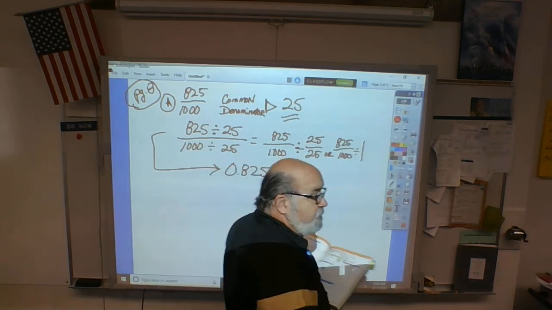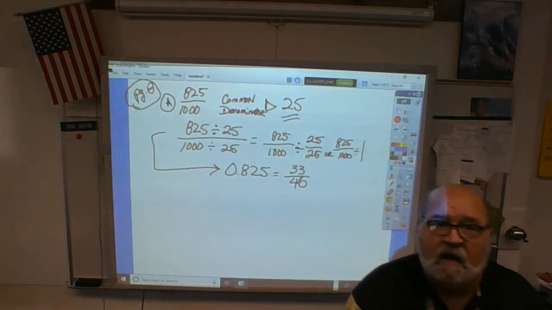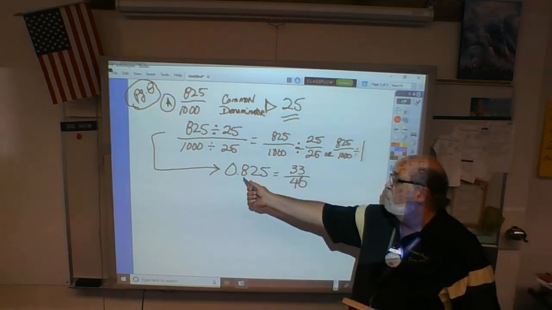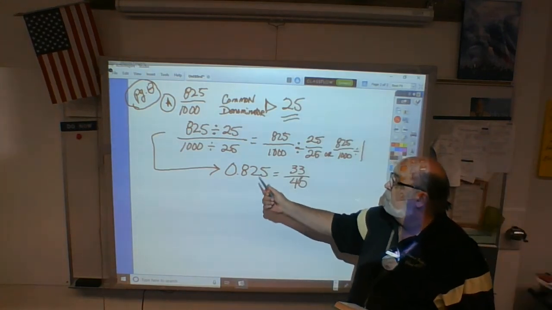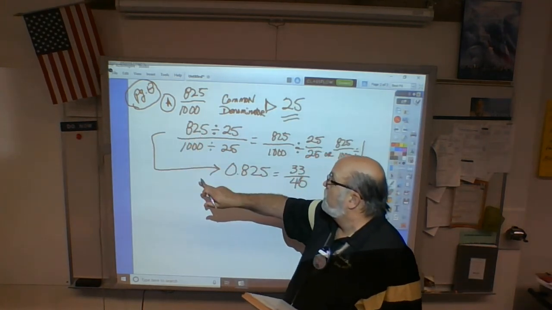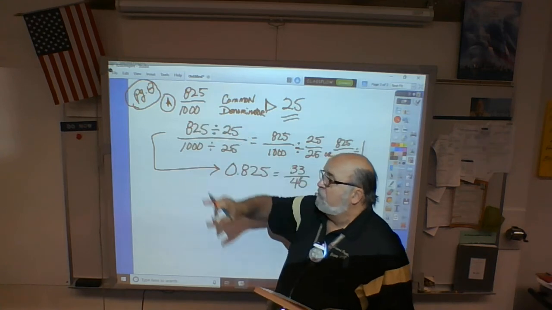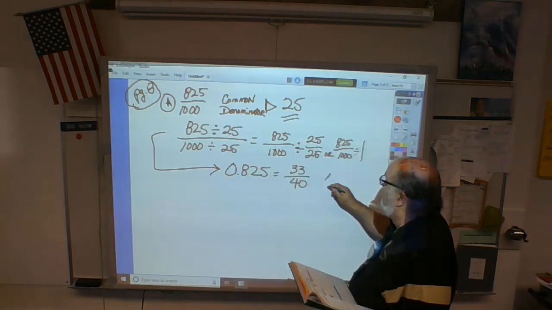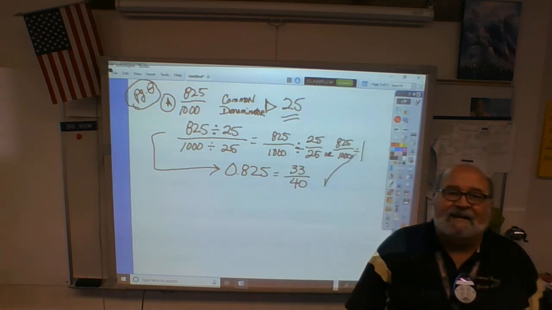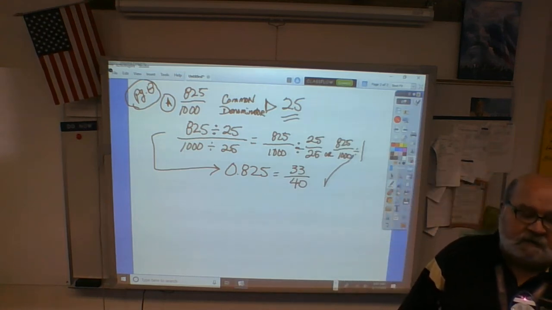Now, if you hit your calculator and you divide 33 by 40, you're going to get 0.825, which again is equal to 825 thousandths. Check.